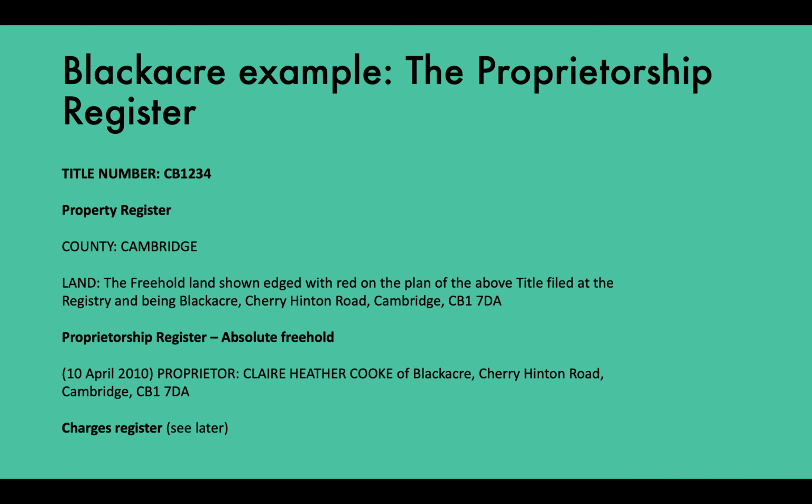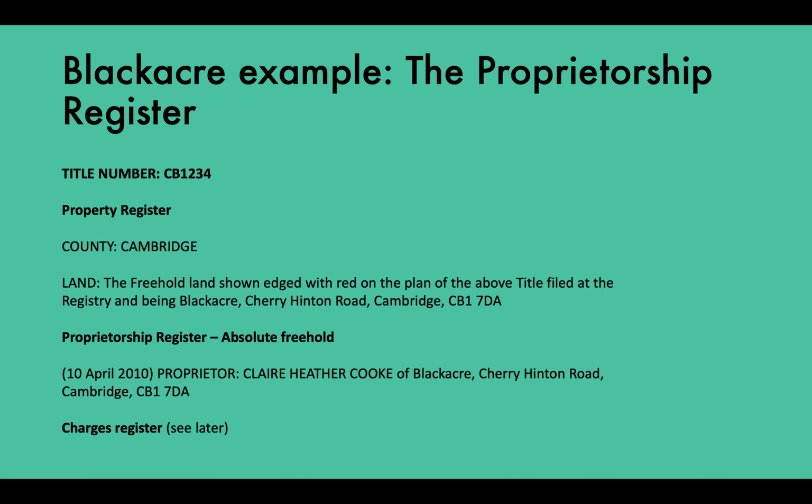So let's have a little look at an example of what could be found on the Proprietorship Register. Let's imagine the freehold in Blackacre is registered under the Land Register and is given its own title number. So here we've got CB1234 as our title number on the Land Register.